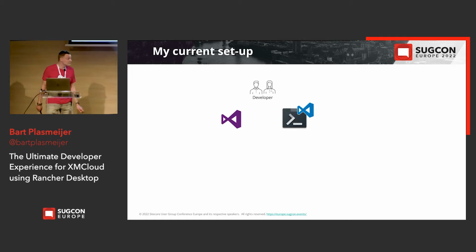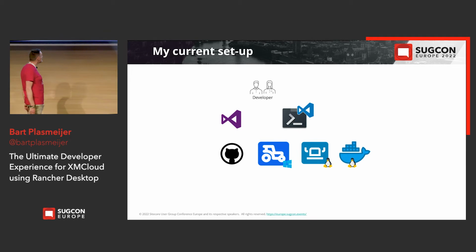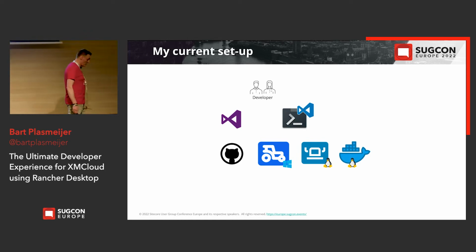Okay. How does my current setup look at the moment? So I have Visual Studio Code. I have my Windows terminal using Visual Studio Code. I'm using GitHub. I have my Vagrant file up and running in Windows mode. Then I have my Linux ones on the desktop, and then Docker is also still there, right?